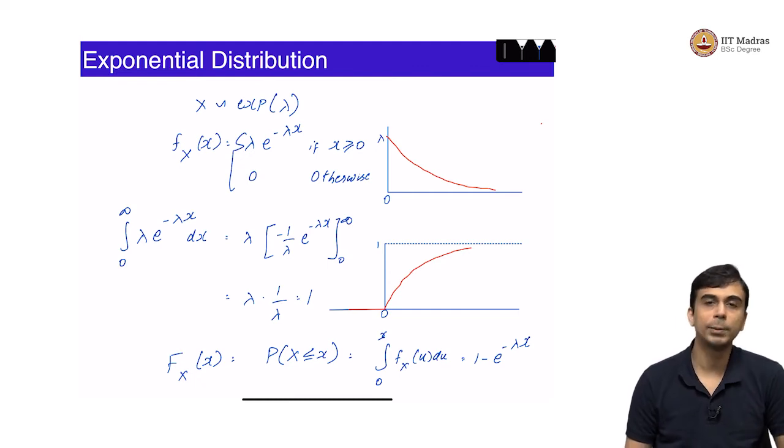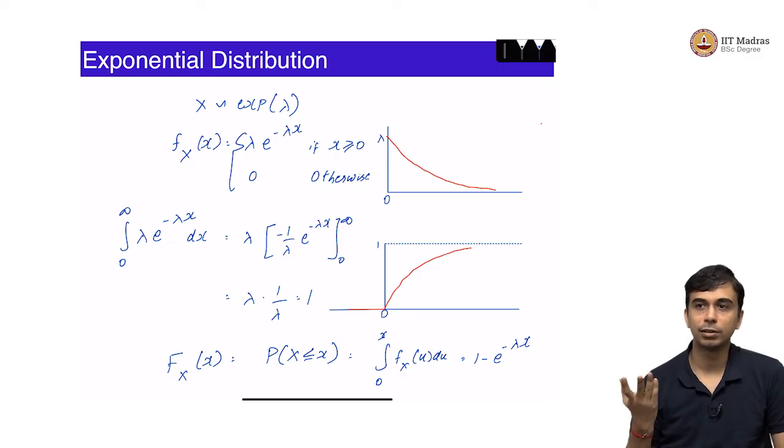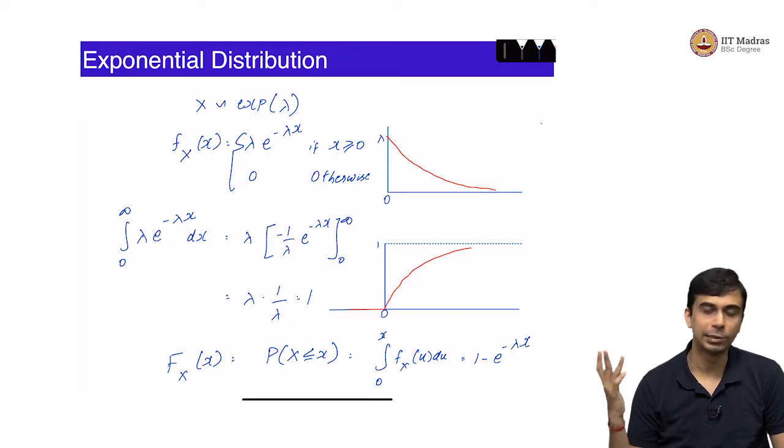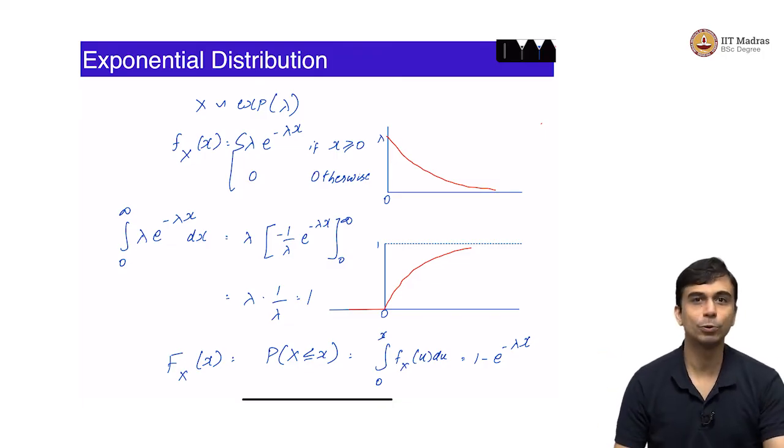For example, a typical example for an exponential random variable might be that you say the running time of this electric bulb is exponentially distributed with lambda equal to 0.5 per year. So, well, the unit we will come to that. You might say exponential per, what does that mean?